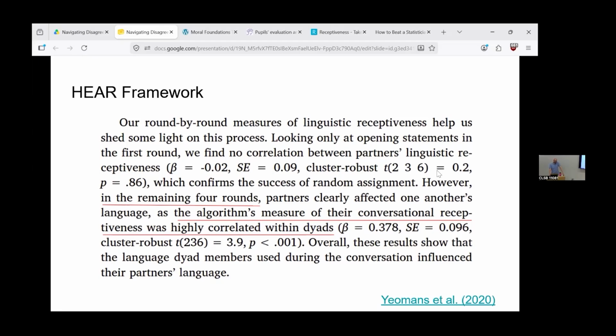So this is just more evidence, not so much experimental evidence exactly in the way we want it to be, but it is evidence that the way you talk influences the way that people talk to you. So again, we can't control what other people do or say, but to a certain extent, we can influence other people's words. And if we speak in a way that is receptive, maybe they will also be receptive back.